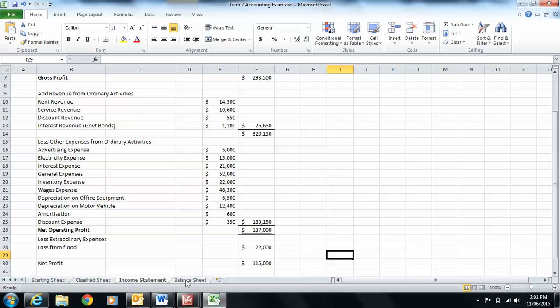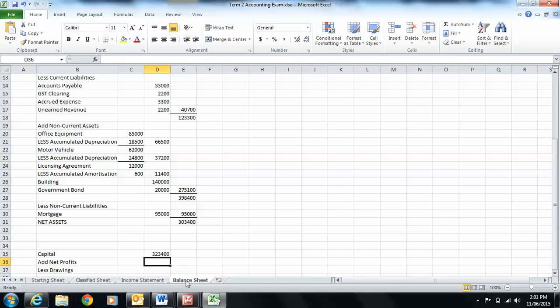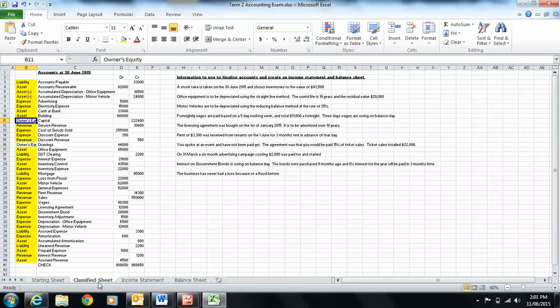So our net profit is 115,000, less our drawings. So if we do the calculation for that, it equals that plus our net profit less our drawings, $44,000.